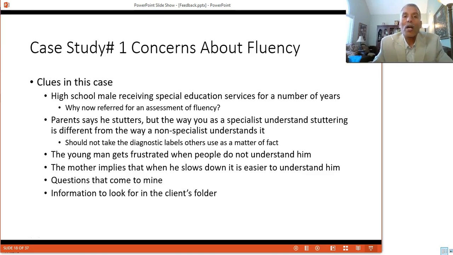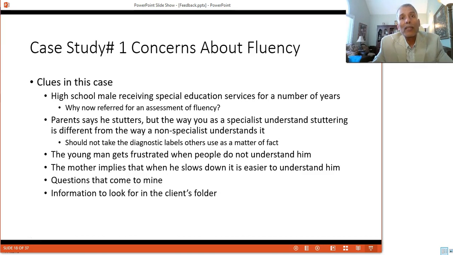So people who stutter are aware, perhaps over-aware of the problem they have, and their intelligibility is fine. Their problem doesn't have an impact on academic performance. Typically, it doesn't.